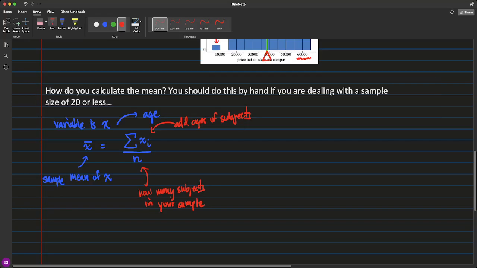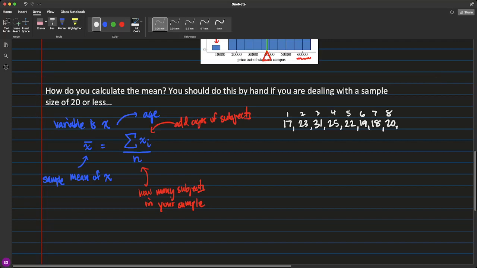So you can do this for small data. As an example, let's say our sample is a group of Ohlone students, and you find out the ages are 17, 23, 31, 25, 22, 19, 18, 20. So that's 1, 2, 3, 4, 5, 6, 7, 8 students.